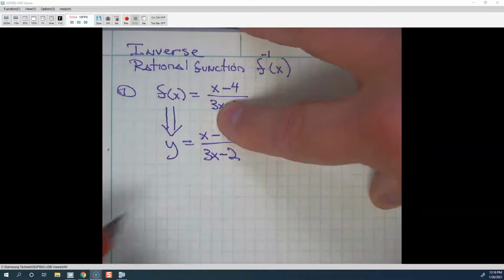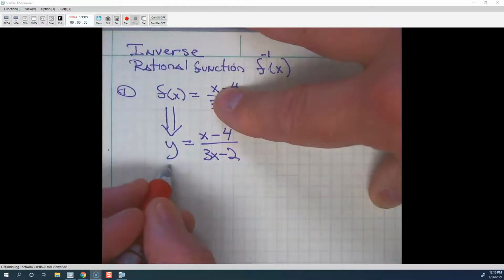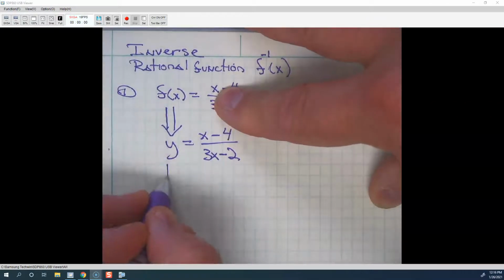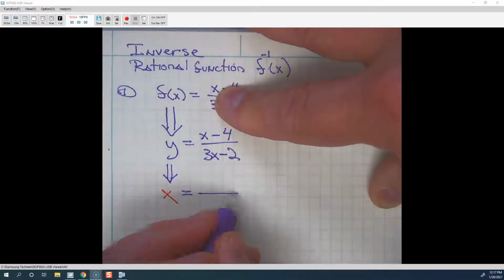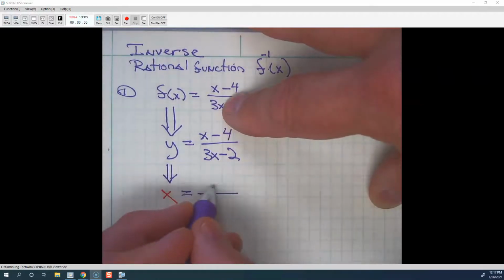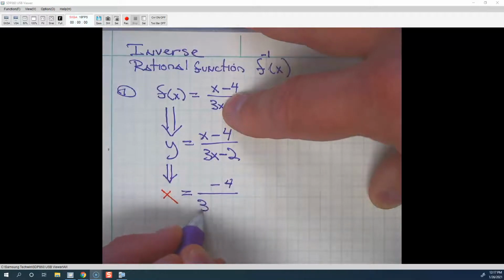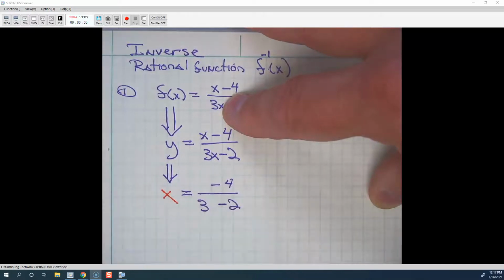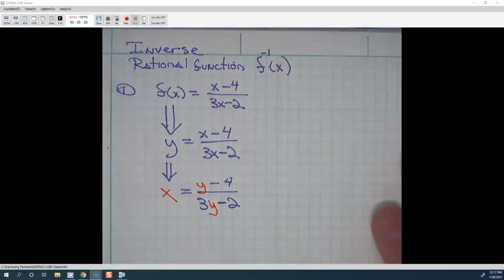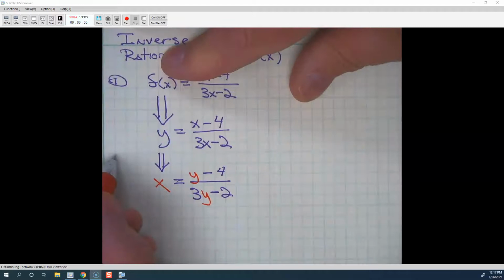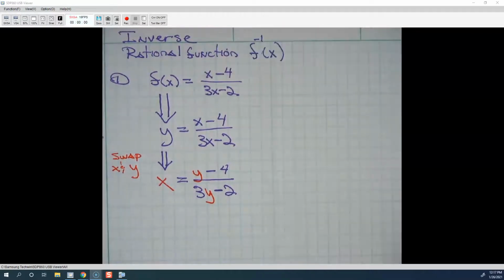This y becomes an x, and these two x's become y's. So I swapped x and y.